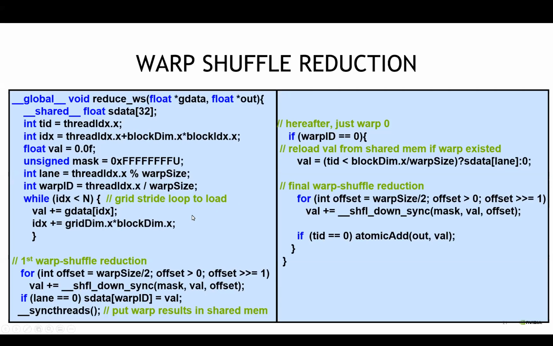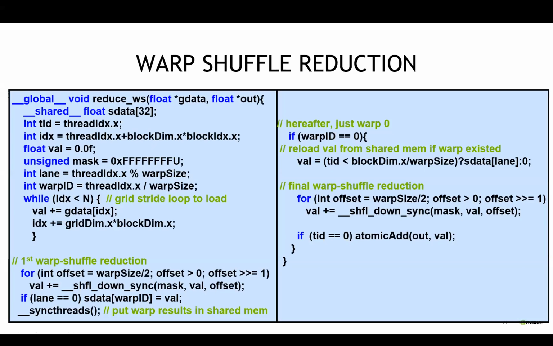When I have multiple warps in my thread block, in other words, the thread block size is larger than 32, then I'm going to have multiple warps, each of which has a lane 0, each of which has a lane 1, and so on. The other thing I'll need is a warp ID variable. In the situation where I have multiple warps, I need to know, am I warp 0, warp 1, warp 2, etc. The need for these variables will become evident as we walk through the warp shuffle code.